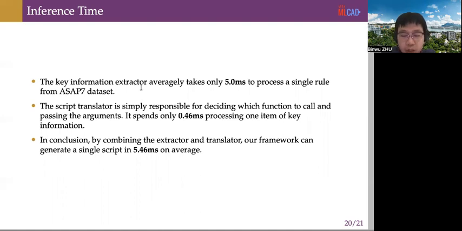According to our measurement, the script translator spends only around 0.46 milliseconds processing one item of key information. In conclusion, by combining the extractor and the translator, our framework can generate a single script in 5.46 milliseconds on average, indicating that our proposed DRC script generation flow is extremely efficient.